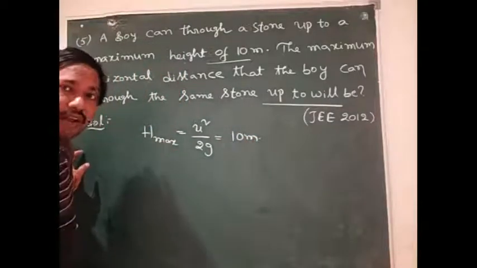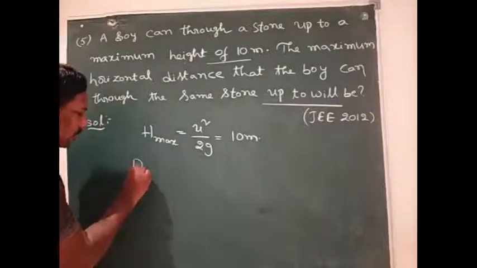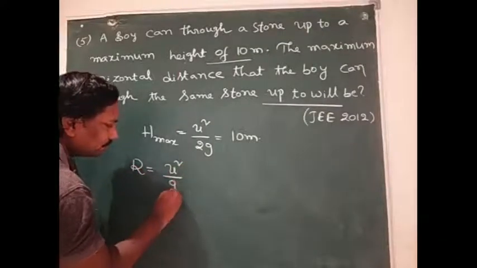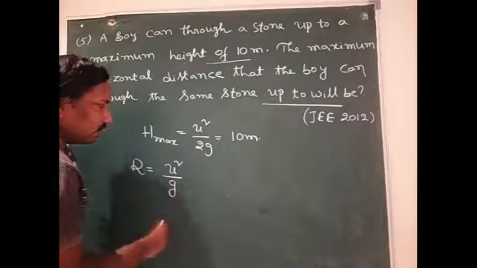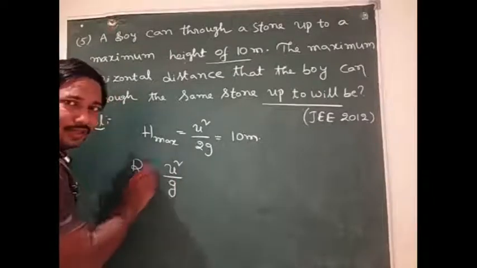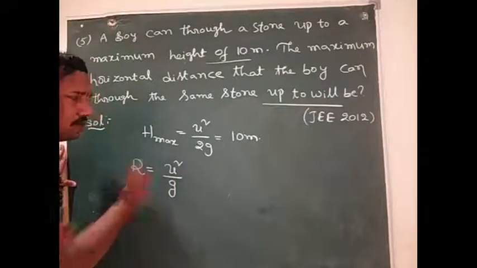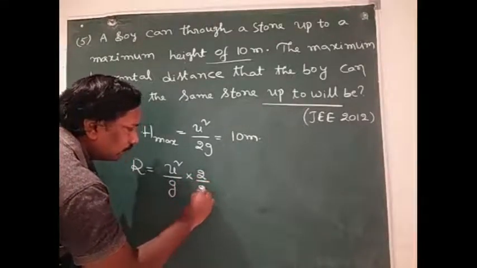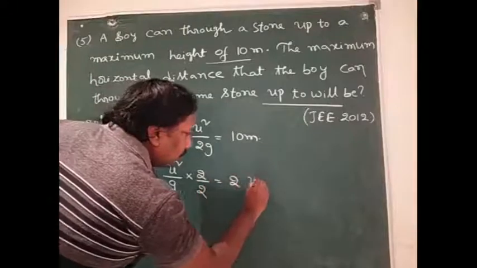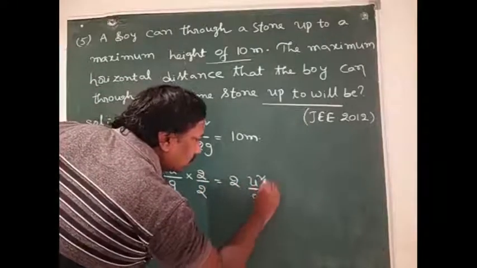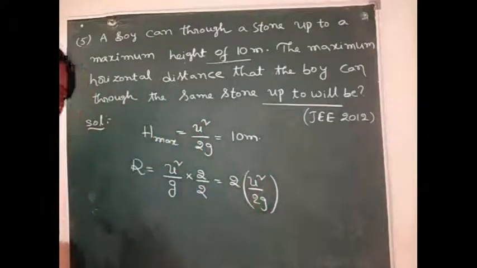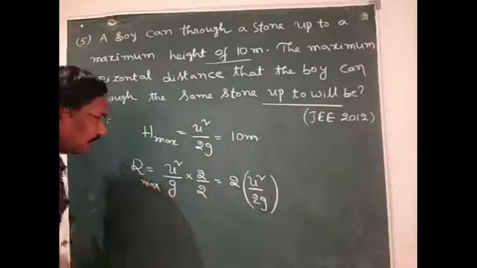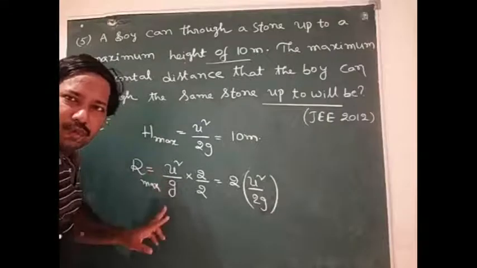Now we can find out the range. Here range is equal to u square by g. This range is converted in terms of maximum height, so 2 into u square by 2g. When the range is maximum, its value is u square by g.